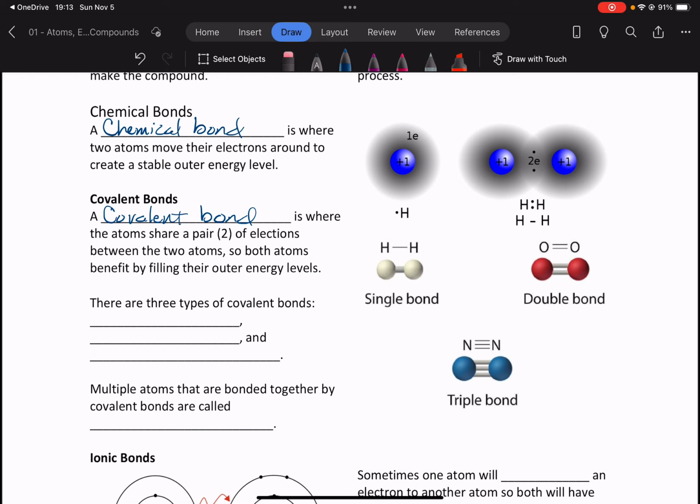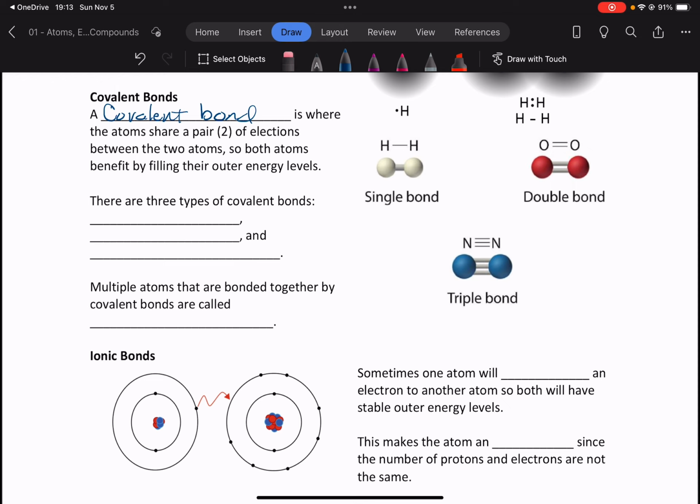Both atoms have the benefit of having their outside energy level full, or empty, depending on the kind of bond. You've got three types: single bonds, double bonds, and triple bonds.